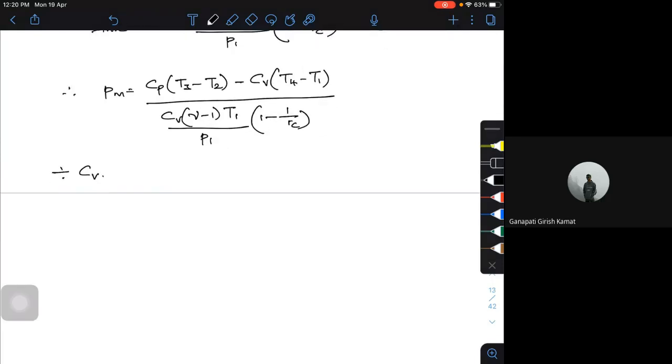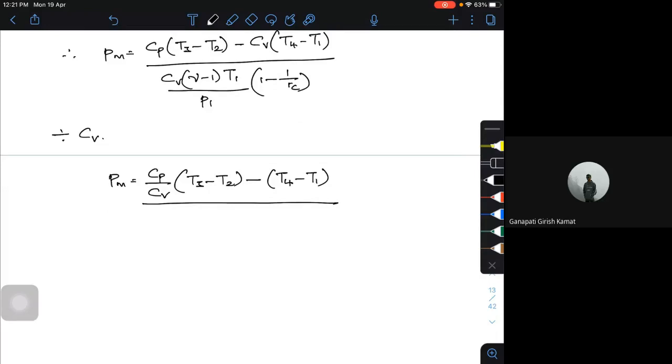So I get Pm is equal to Cp by Cv into (T3 minus T2) minus (T4 minus T1), whole thing divided by (gamma minus 1) into T1 divided by P1 into (1 minus 1 by rc).